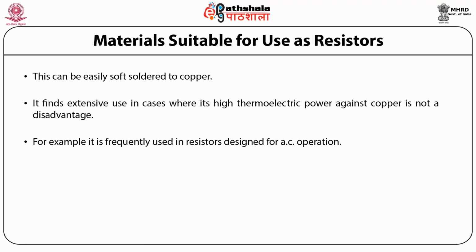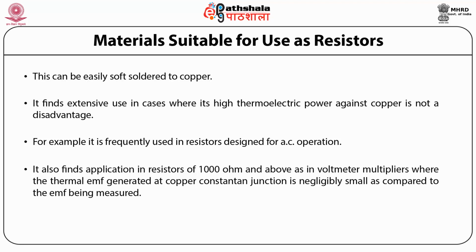For example, it is frequently used in resistors designed for AC operation. It also finds application in resistors of 1000 ohm and above, as in voltmeter multipliers, where the thermal EMF generated at the copper constantan junction is negligibly small as compared to the EMF being measured.